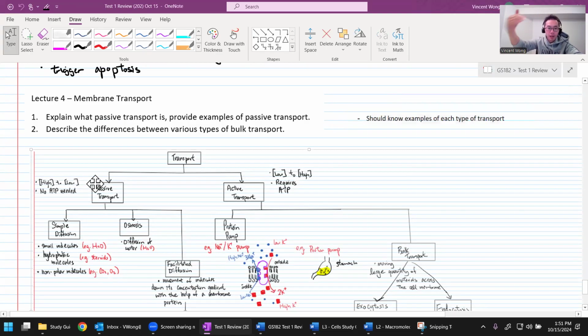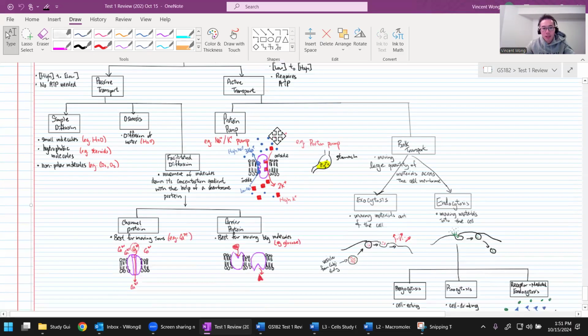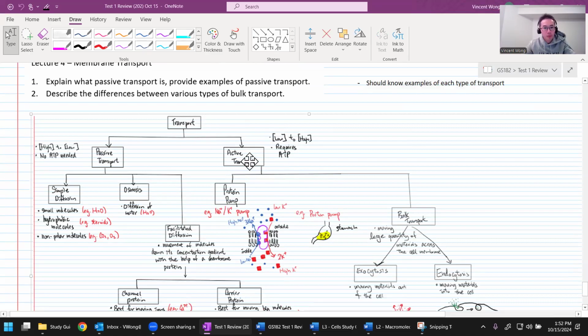I can list a bunch of transport mechanisms: facilitated diffusion, osmosis, exocytosis, phagocytosis, list all of them, and ask you which of these require ATP. What I'm really asking is which of them is part of active transport, because active transport needs ATP, right?